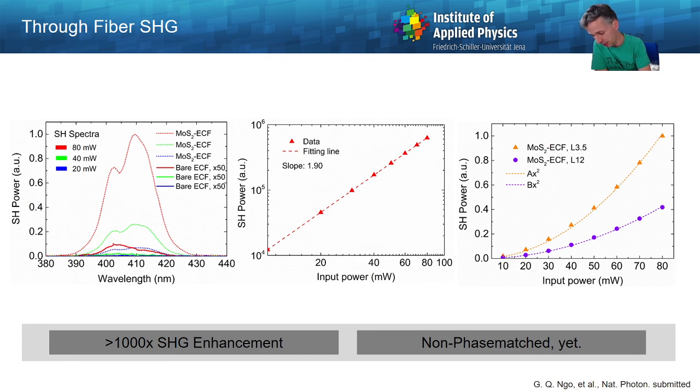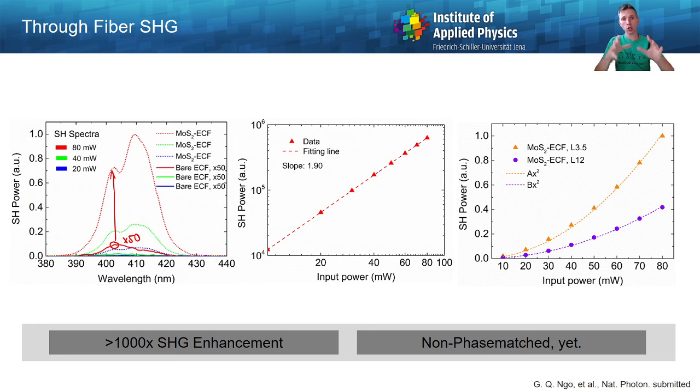What you can see here is that these solid lines, which are the bare fiber lines and have already been amplified 50 times so that you can see them at all, are much, much lower than the curves for molybdenum sulfide in this case.